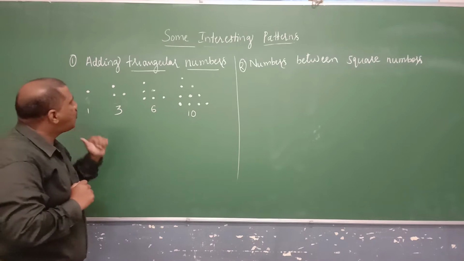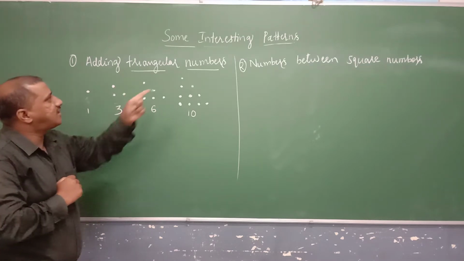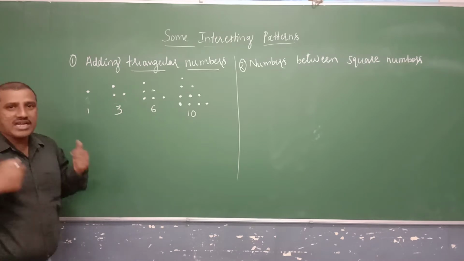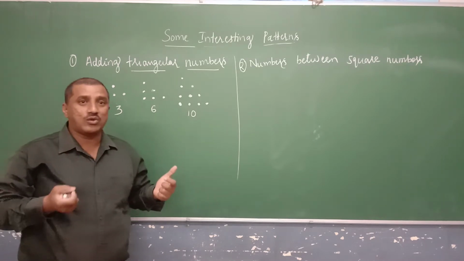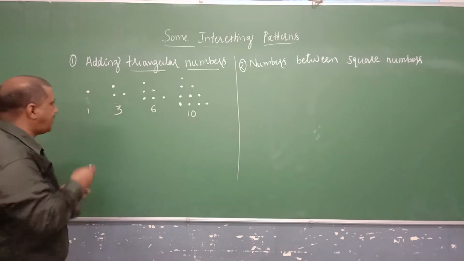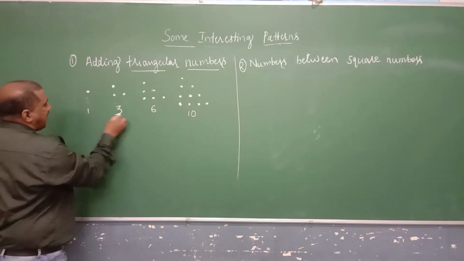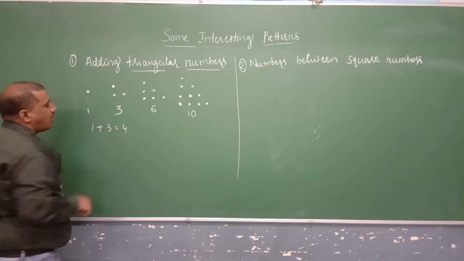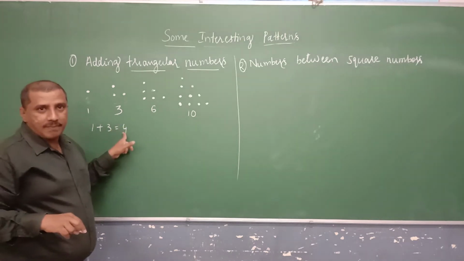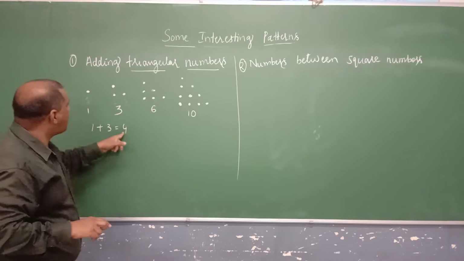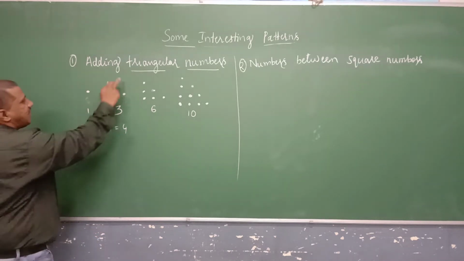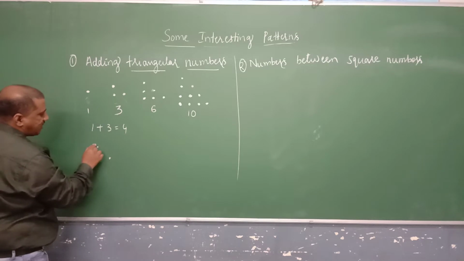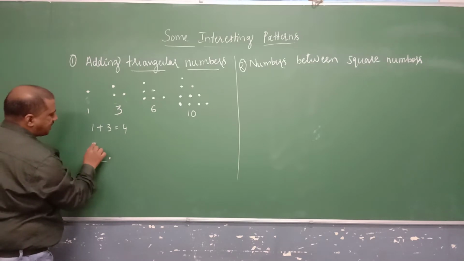Now, why do we study these triangular numbers under squares? See here, if you add two consecutive triangular numbers, for example, 1 plus 3, what we get is 4. 4 is a perfect square number.